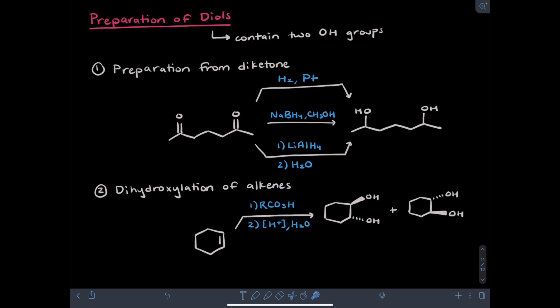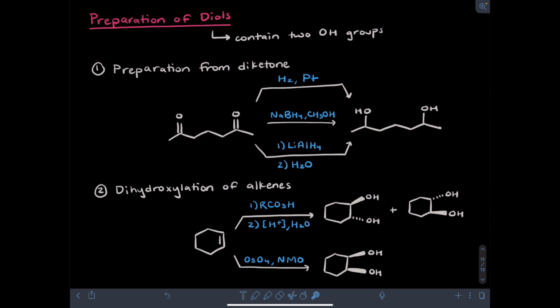First treatment with a peroxy acid, RCO3H, and in a second step, treatment with an acid catalyst and water as a nucleophile. This reaction goes through a 3-membered ring epoxide intermediate, and in the second step, the epoxide gets protonated and the ring gets opened up, ultimately leading to the anti-addition of 2 OH groups.